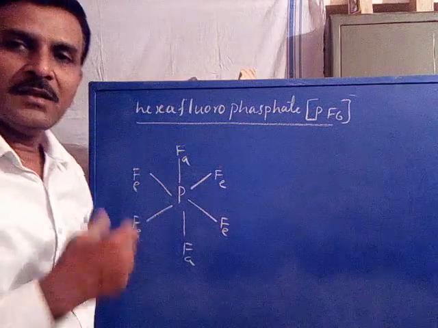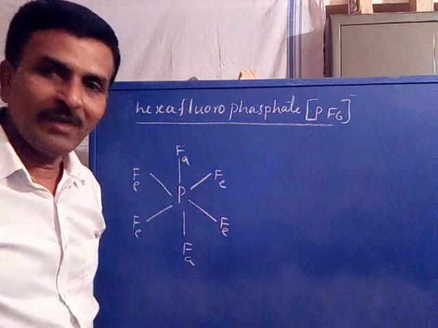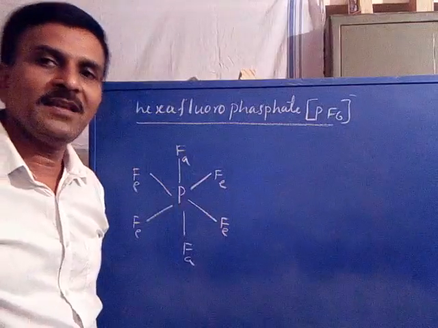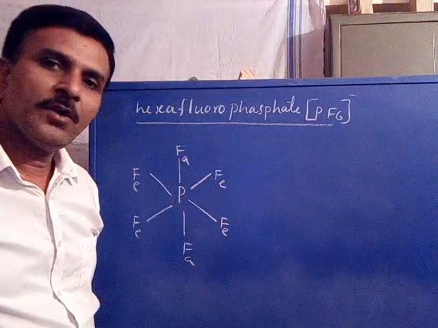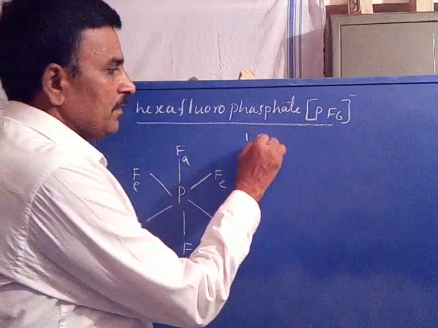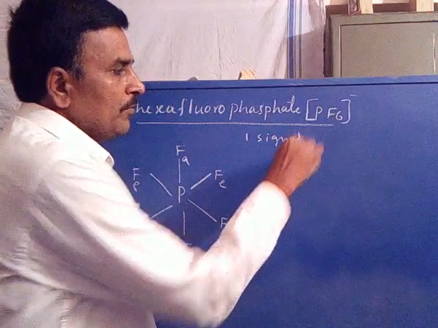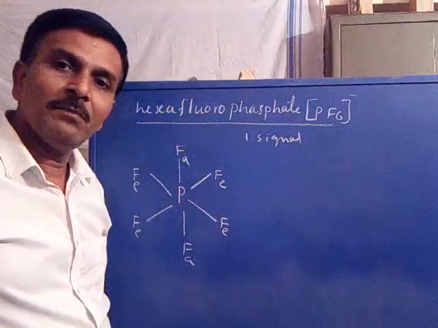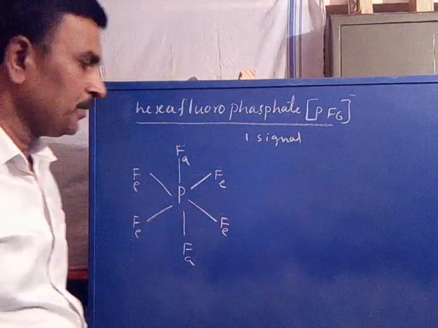Now here the complex contains only one phosphorus. Is it clear? Therefore one signal appears. Now coming to multiplicity: one signal, why? Because one phosphorus. Now what is the multiplicity? Let us find out.